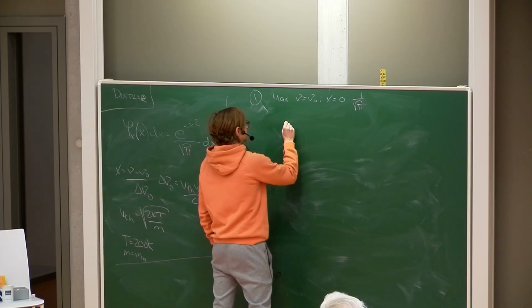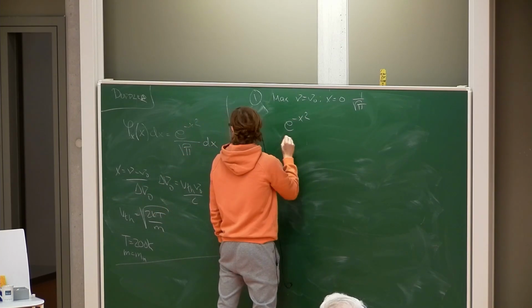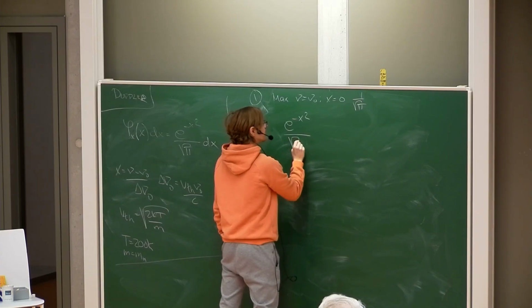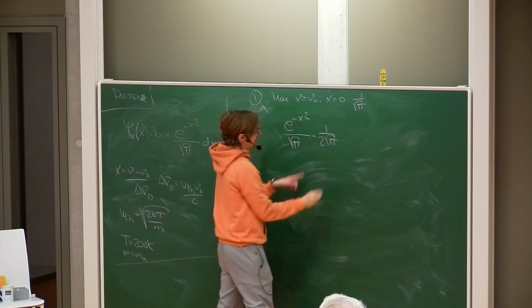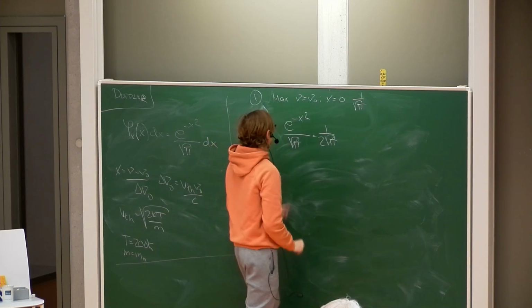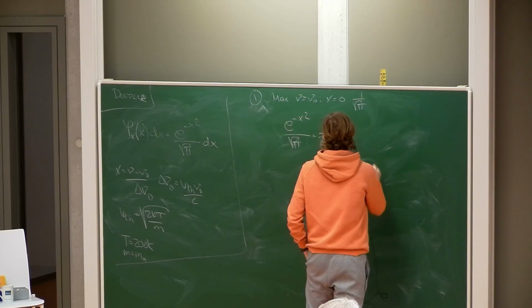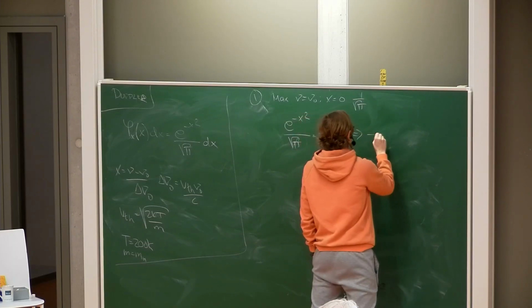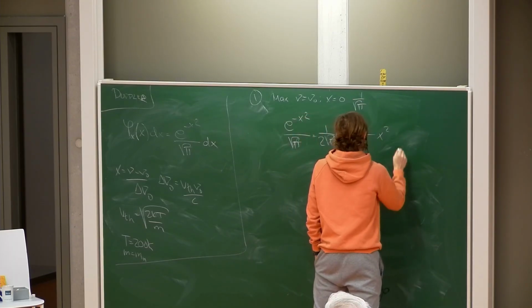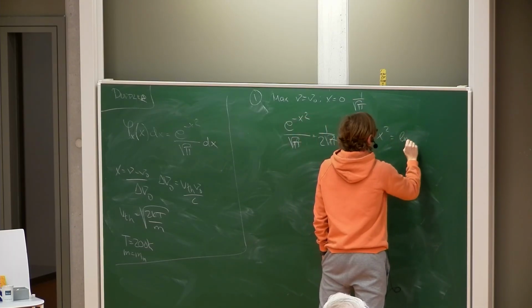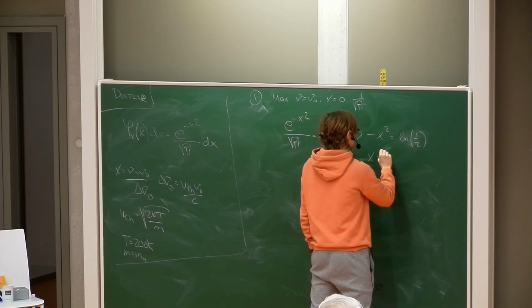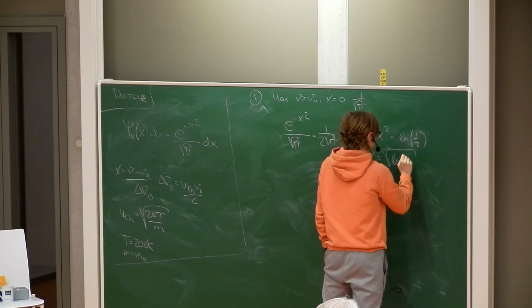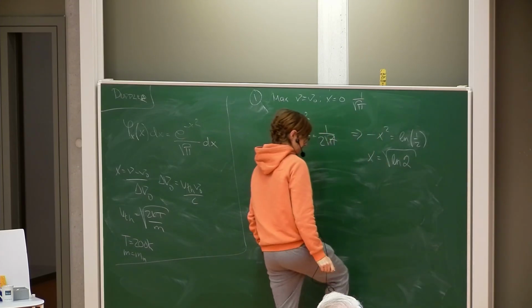So e to the minus x squared divided by square root of pi is 1 over 2 square root of pi. We can solve this for x, which gives minus x squared equals ln of 1/2, or x equals square root of ln 2.